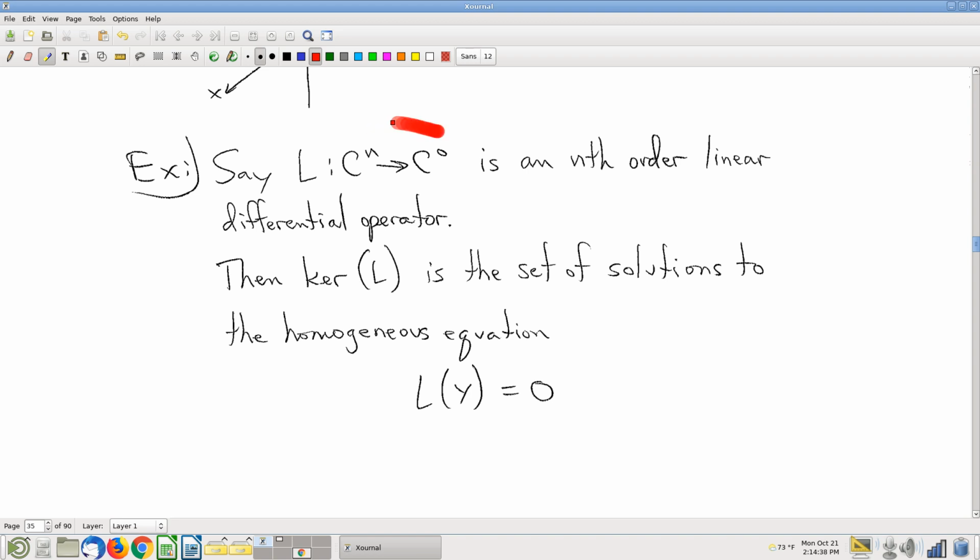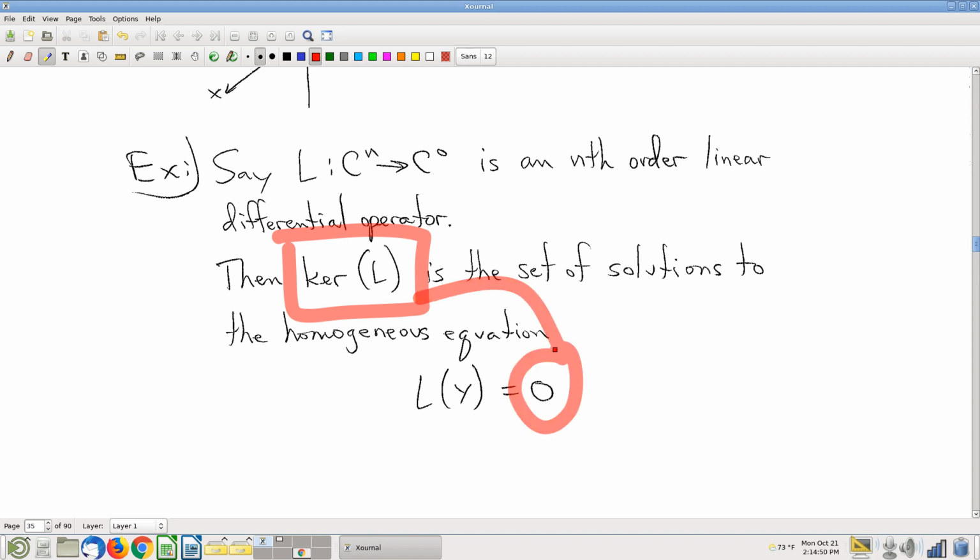Okay, another quick example, just to connect some dots. We already know that this is a linear transformation. We made that observation recently, and let me point out that the kernel of that linear transformation, where I'm looking for when the linear transformation equals 0, is in fact this homogeneous differential equation. We didn't think about it in those terms back in chapter 4.